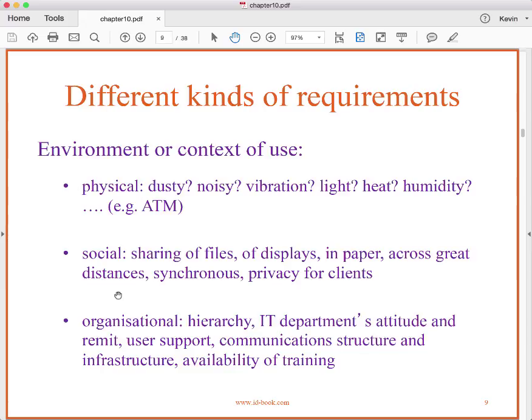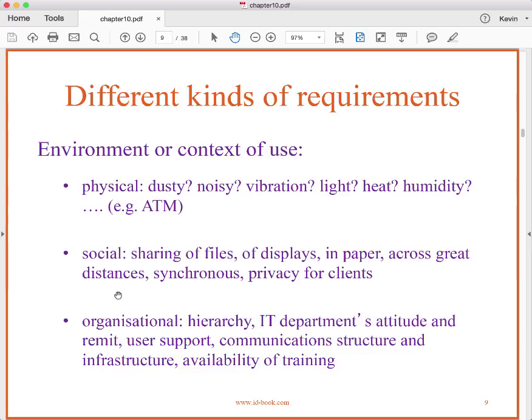Some people might put this into physical, I guess. But are there people to look and see our work? And do we want them to or not? If we're trying to share things, well, we want people to share things. If we're trying to keep them secure, then we don't want to. So in the social sphere, there is sharing of files, displays, paper, over distances, synchronously or asynchronously, privacy issues, all those kinds of things.